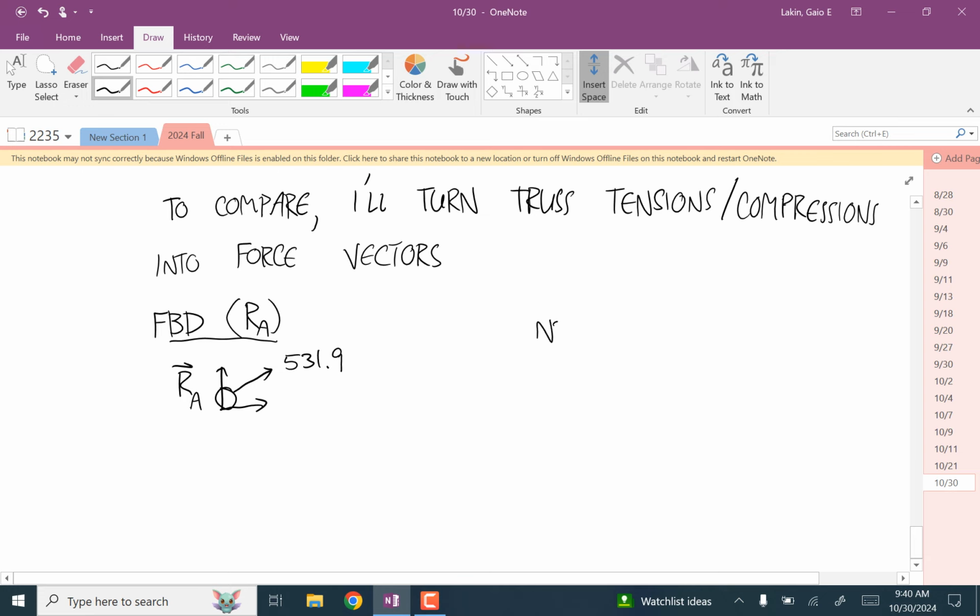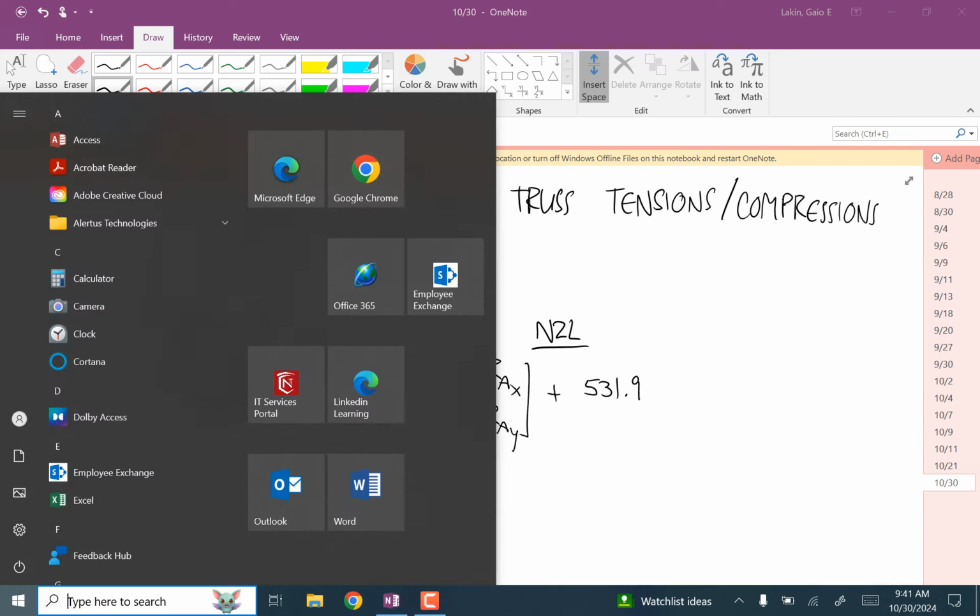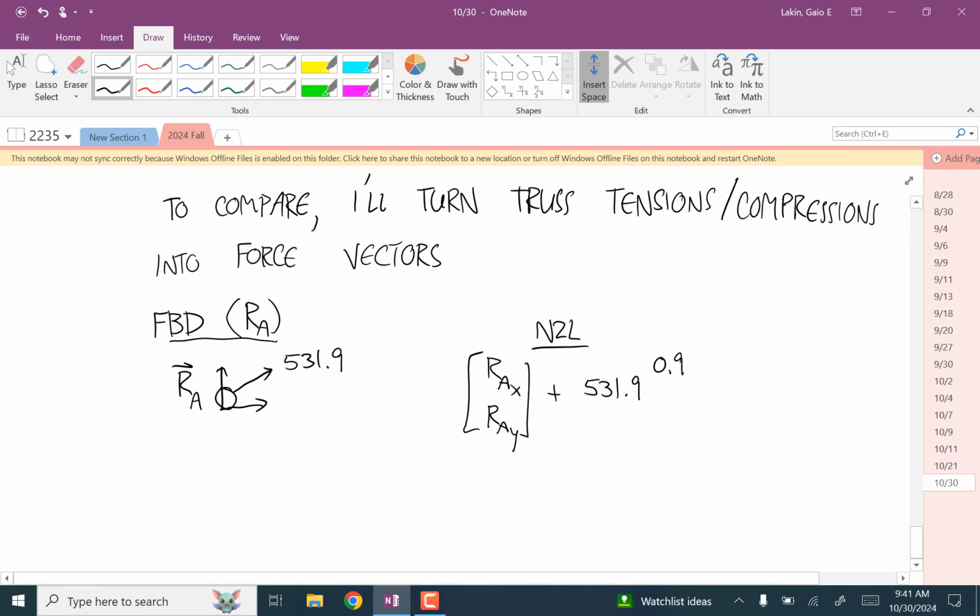And so Newton's second law says RAX, RAY plus 531.9 times a unit vector in that direction is equal to zeros.